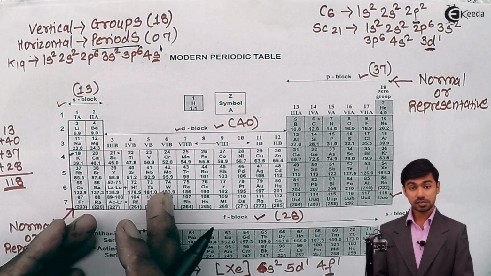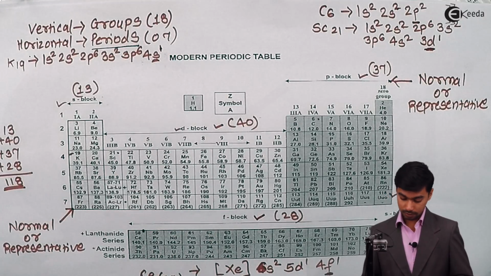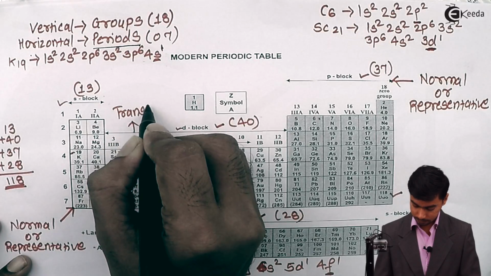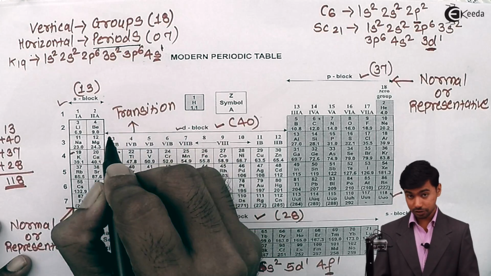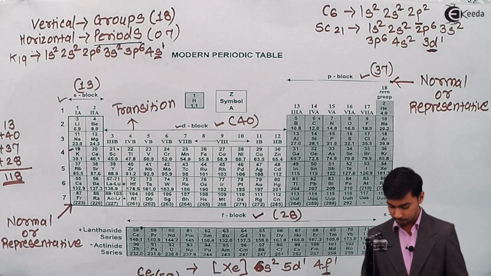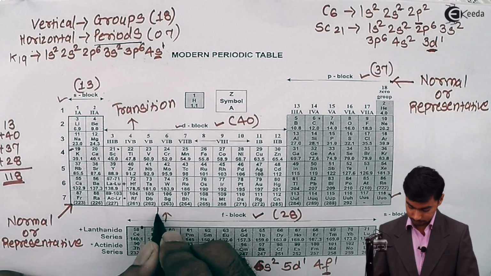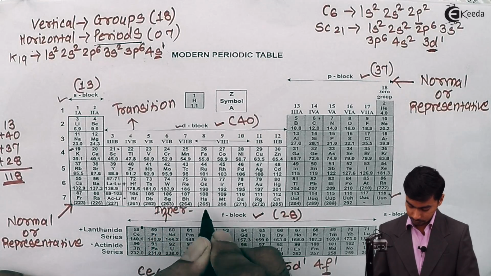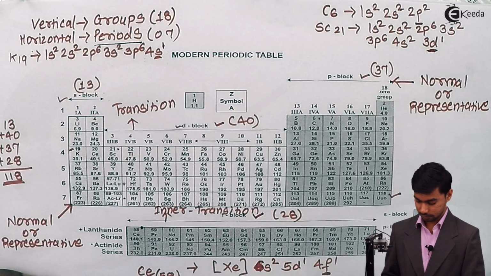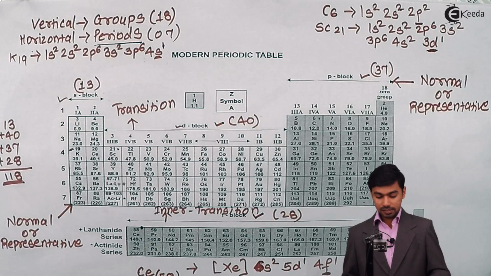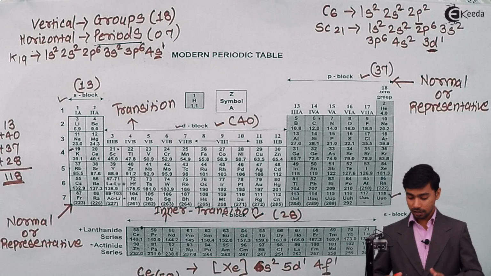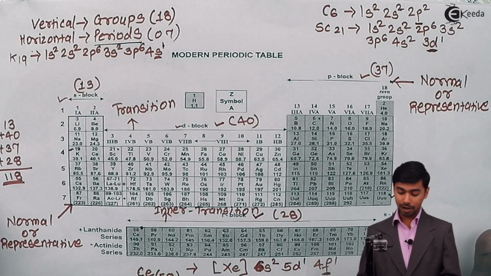The d block, which is in between s and p, is called transition elements, and the f block, which is below the periodic table, is called inner transition elements.